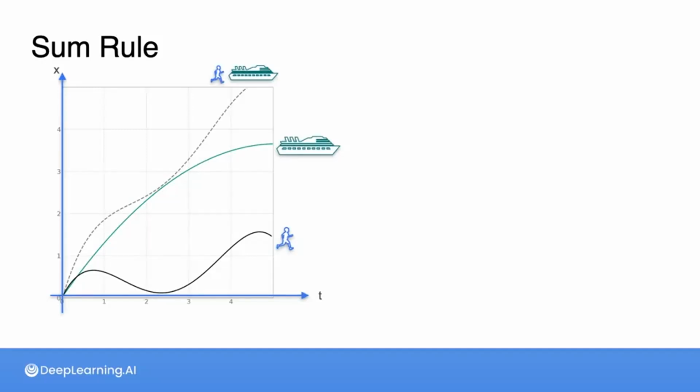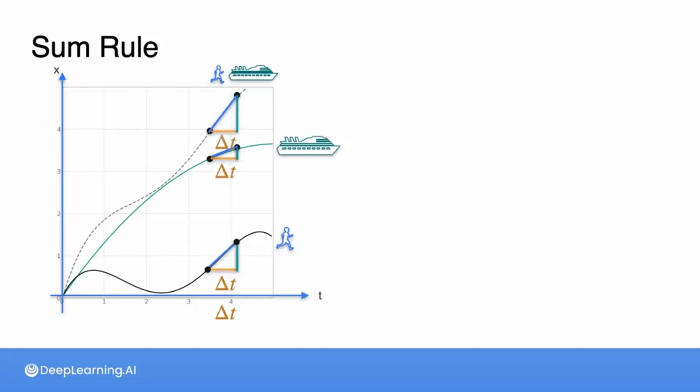So let's look at some slopes. Here is some point in time, and we're going to take some small interval delta t, and we're going to calculate the average velocity over that interval for the child, for the boat, and for the sum. So for this, we take the horizontal step to be delta t and the vertical step to be the distance.